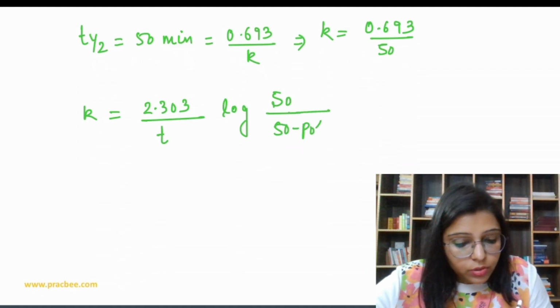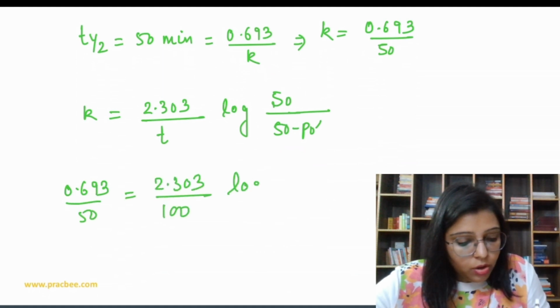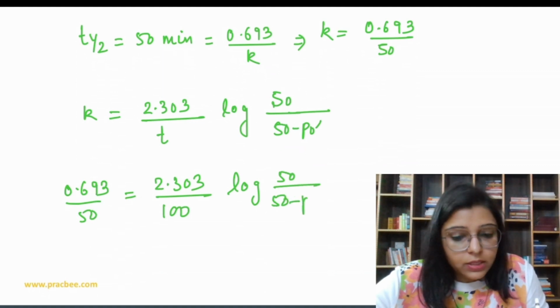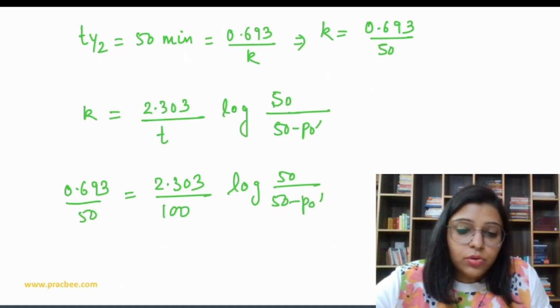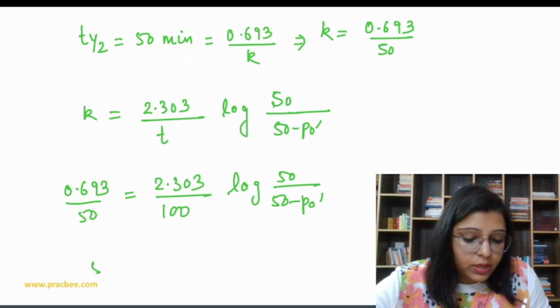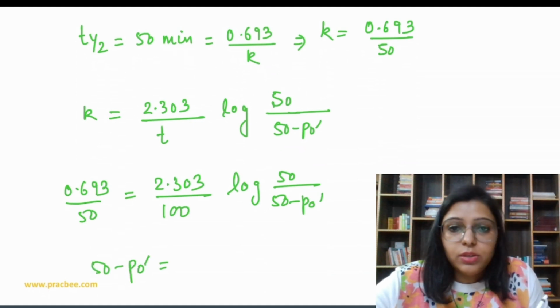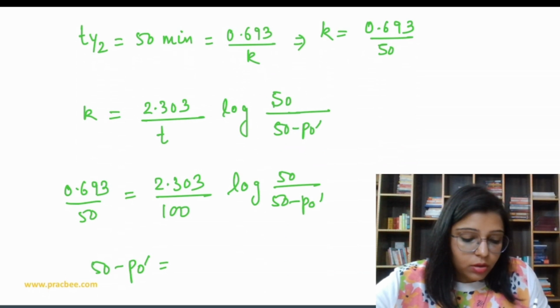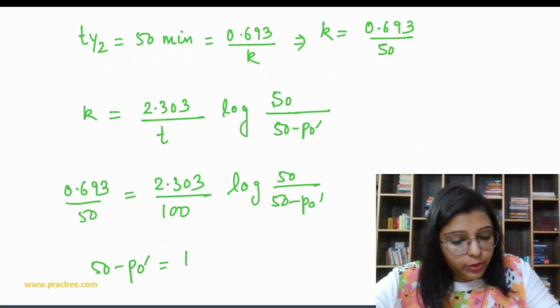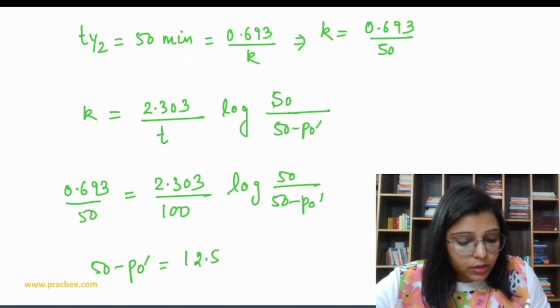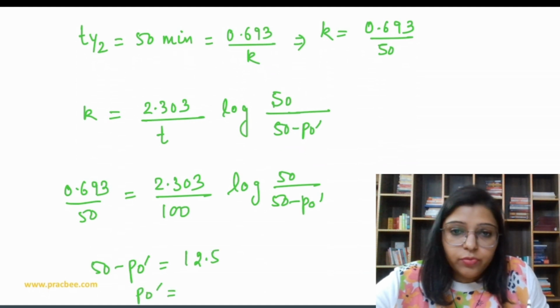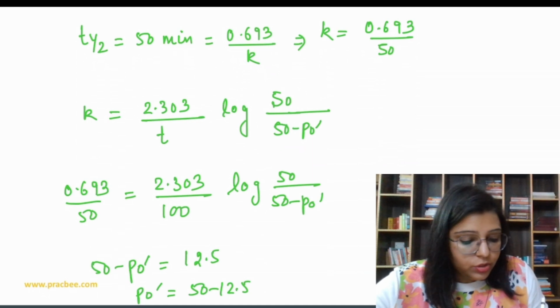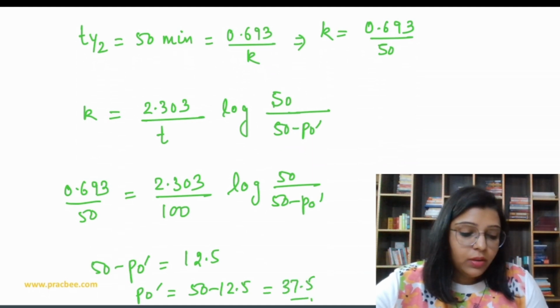Okay. So K value is 0.693 upon 50, equal to 2.303 upon 100 and log 50 minus P naught dash. Once we solve for this, we get 50 minus P naught dash equal to 12.5. So P naught dash is equal to 50 minus 12.5, which is 37.5. Fine.